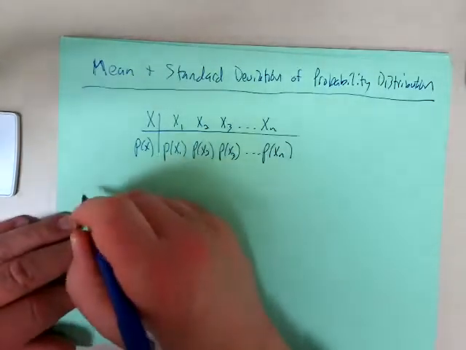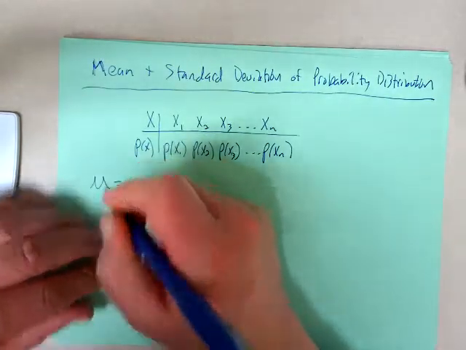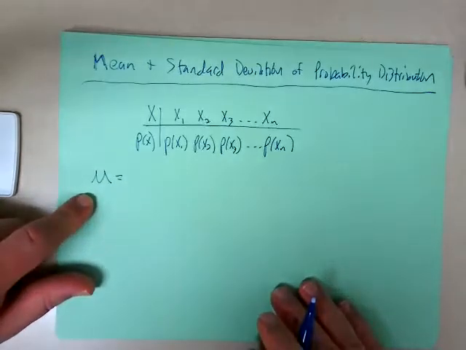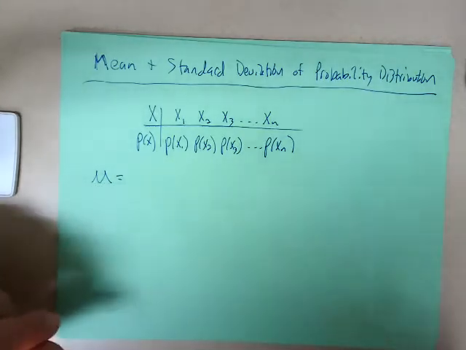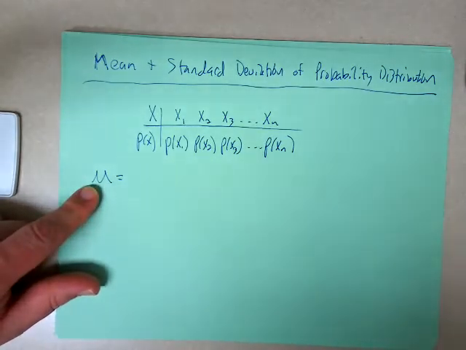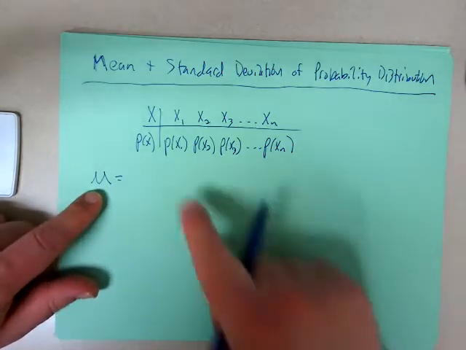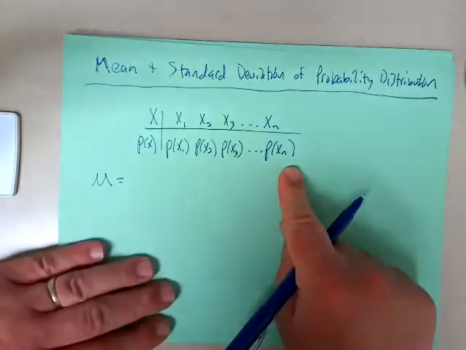So first of all, for the mean, we're going to use the mu symbol, which we learned when we talked about the mean is what we use to represent the mean of a population. It also is used to represent the mean of a random variable.